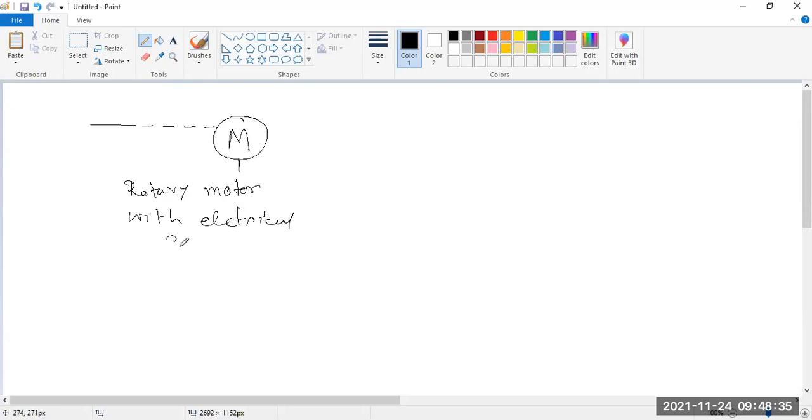This is the electrical signal line, not the power line. And there is a power line too. The power line is the straight line you saw first, but this is a dotted line. It means the motor is getting some signal from maybe drives, maybe a PLC, maybe any other controller.